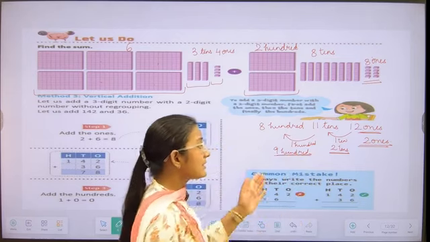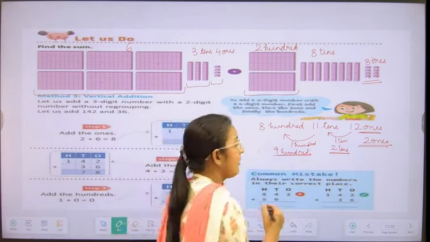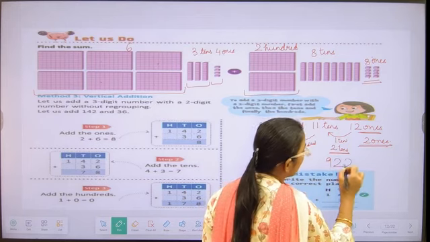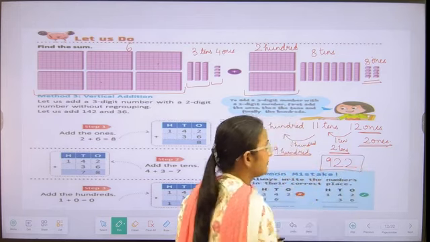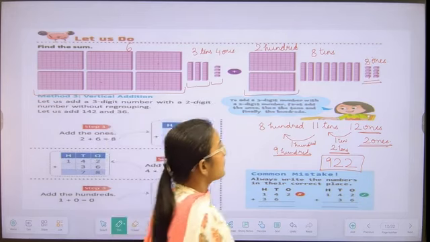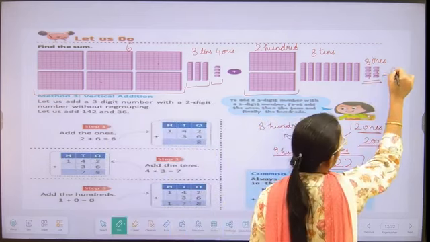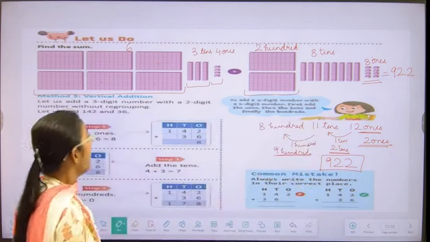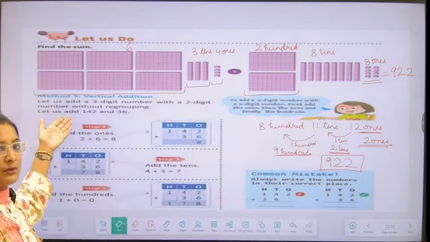So what is the sum we are having? We are having 922, students. So we can write over here 922.